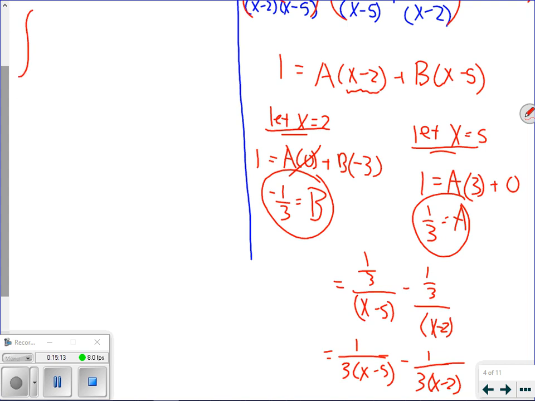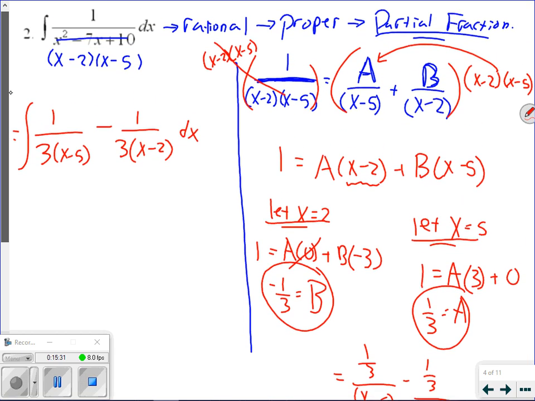So that original problem becomes the integral of 1 over 3(x minus 5) minus 1 over 3(x minus 2) dx. Okay.